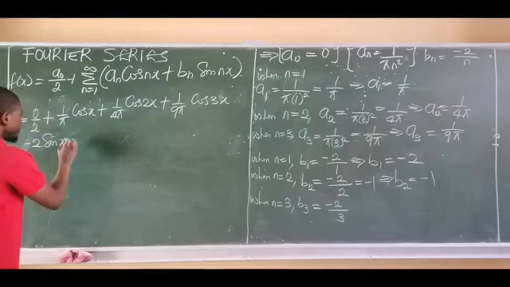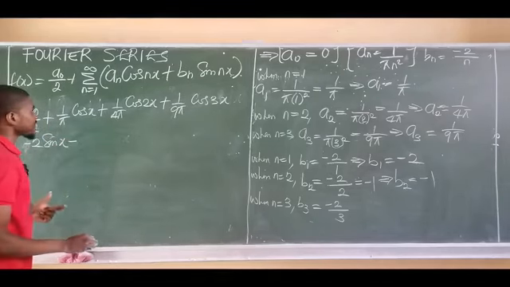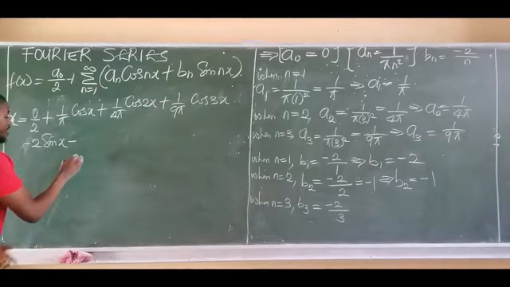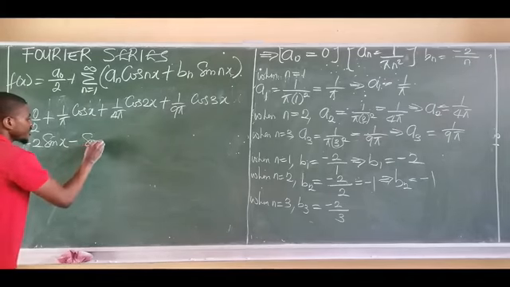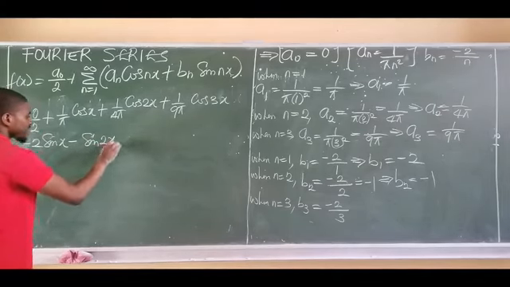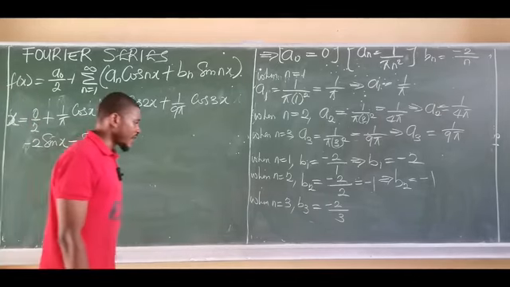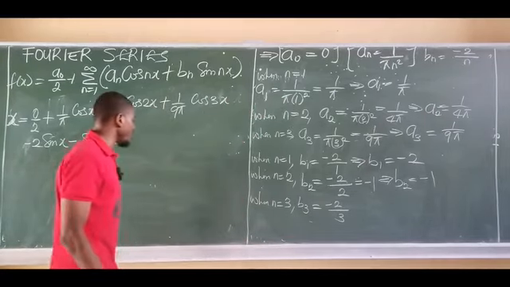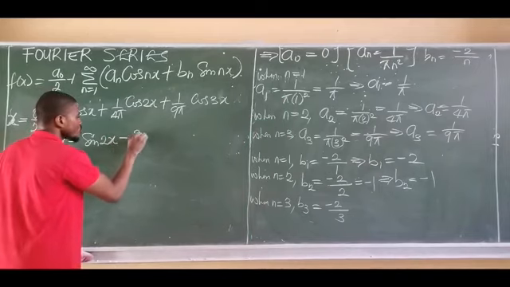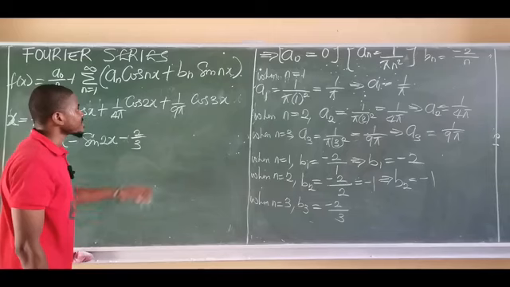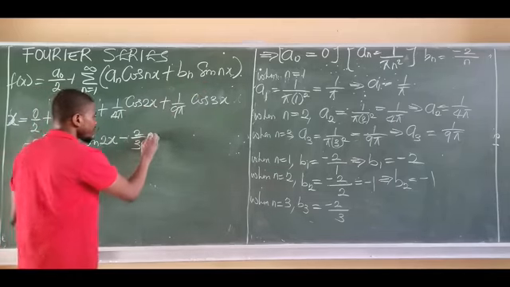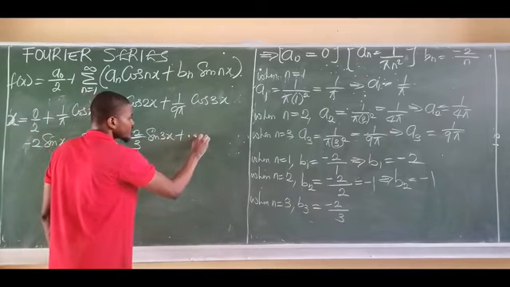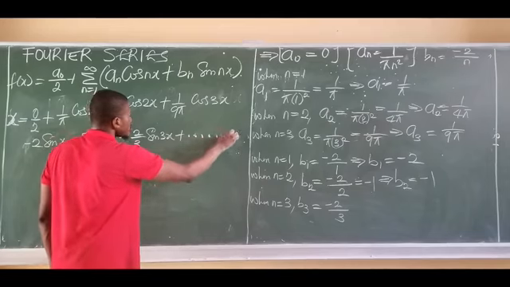So this gives us minus 1 times sine nx. N now is 2, so this is now sine 2x. And finally, when n is equal to 3, we have b3 to be minus 2 all over 3. So this is minus 2 all over 3 sine nx, n now is 3. It becomes sine 3x plus, the series continues like that since it runs to infinity.